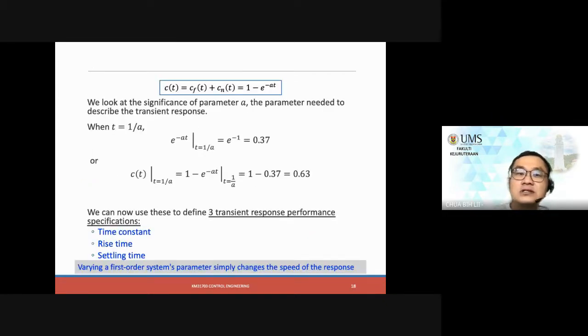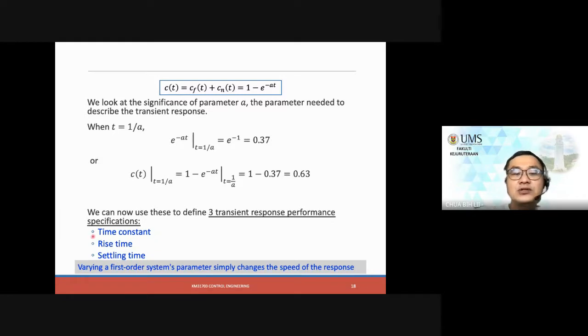Next is the characteristics itself. When we would like to analyze a first order system, what we would like to investigate is three transient response performance specifications or characteristics. The first one would be the time constant, the second one would be the rise time, and the third one would be the settling time.